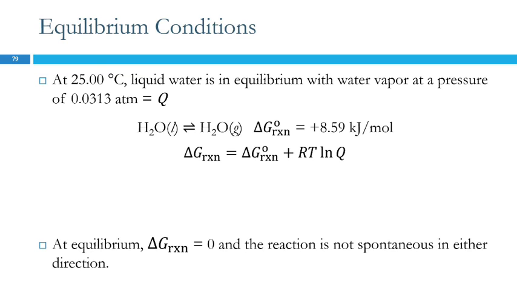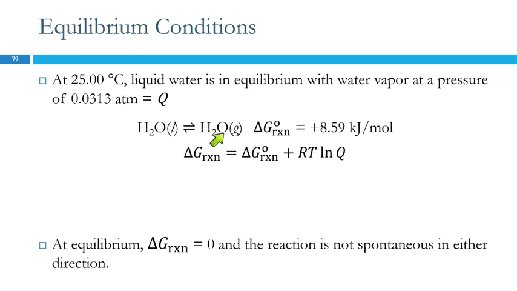So, at 25 Celsius, normal temperature, liquid water is in equilibrium with water vapor at a pressure of 0.0313 atmospheres, because they told us these are the conditions. And these would be kind of normal conditions, right? And so our chemical equation here, the liquid to the gas, right?